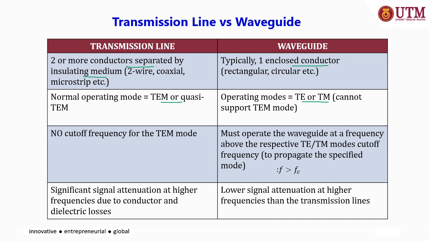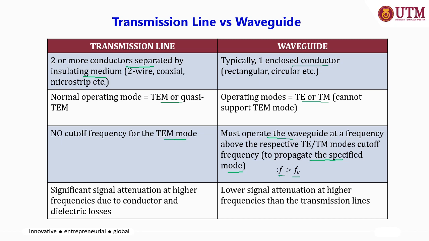For a transmission line, there is no cutoff frequency for the TEM mode, while for the waveguide, it must be operated at a frequency above the respective TE or TM cutoff frequency to make sure it propagates in the specified TE or TM mode. So in this case, the waveguide f must be higher than the cutoff frequency.